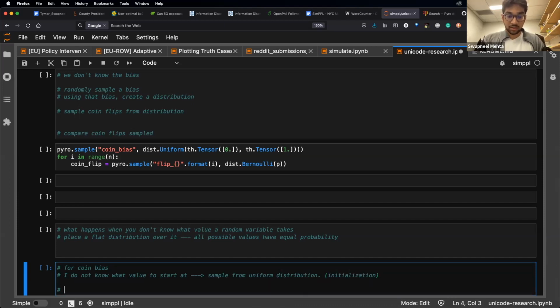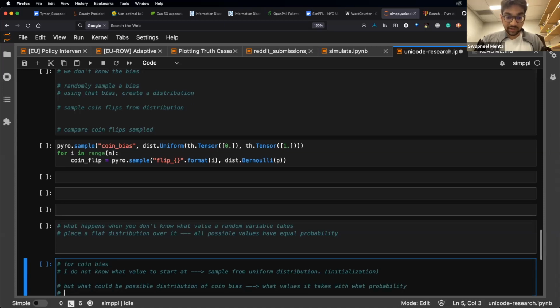But what could be a possible distribution of coin bias? Which means a distribution is telling you what values it takes with what probability.